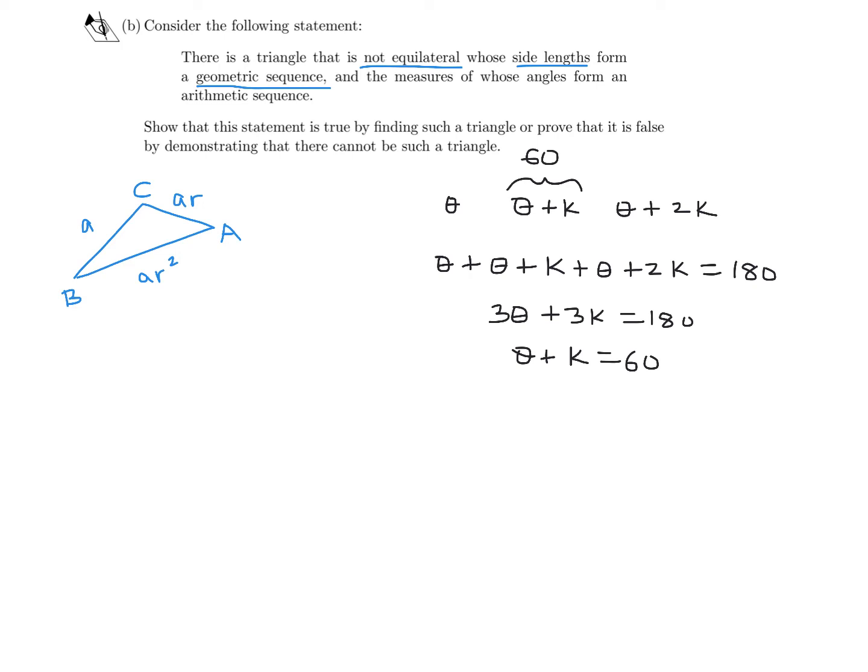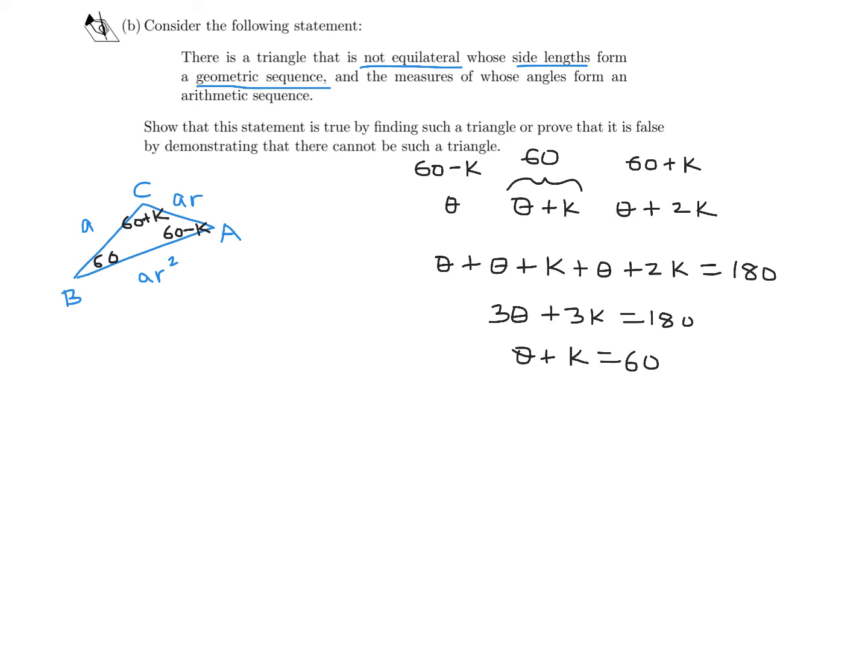The other one is 60 plus k, and this one is 60 minus k. It doesn't matter where you put them, this is just an illustration. So this first angle will be 60, this one will be 60 minus k, and this one up here is 60 plus k.